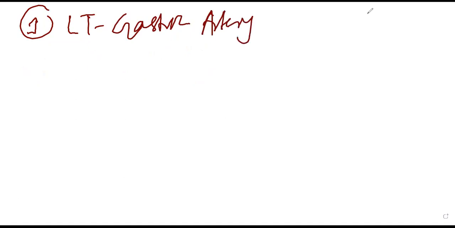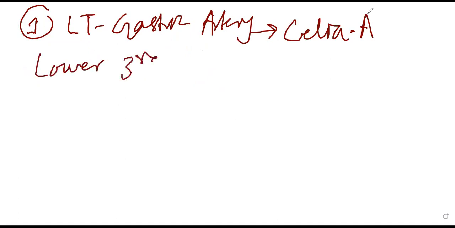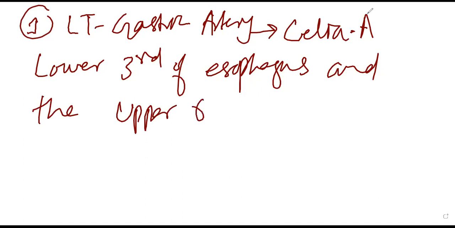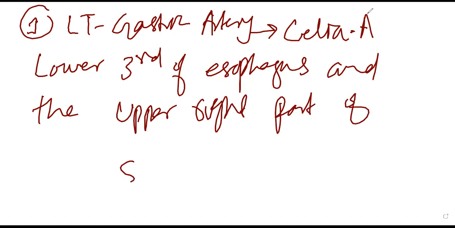Left gastric artery is a branch of celiac artery, and it supplies blood to the lower third of the esophagus and the upper right part of the stomach.